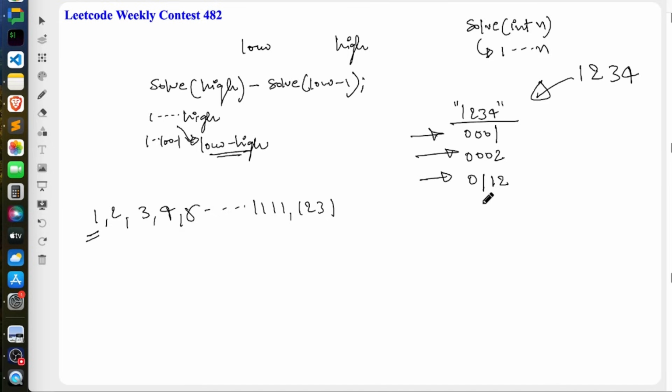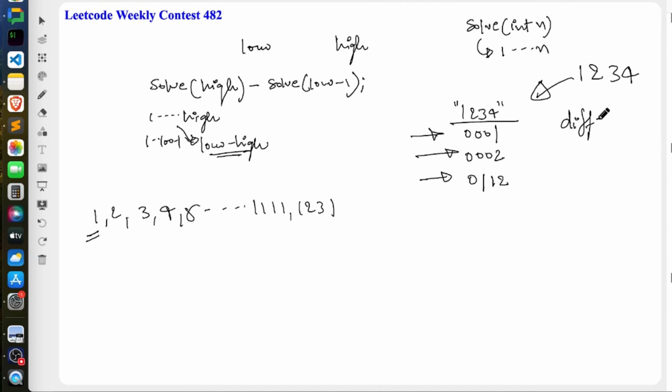So what we will do is try to build these numbers. If you remember, in the problem statement we have to find all the balanced numbers from low to high, and a balanced number consists of at least two digits, and the sum of digits at even positions is equal to the sum of digits at odd positions, right? So instead of finding the exact sum of digits at even or odd positions, we will maintain a diff.